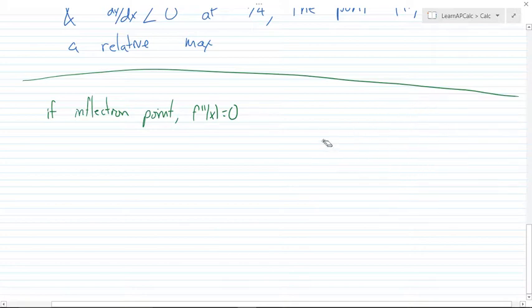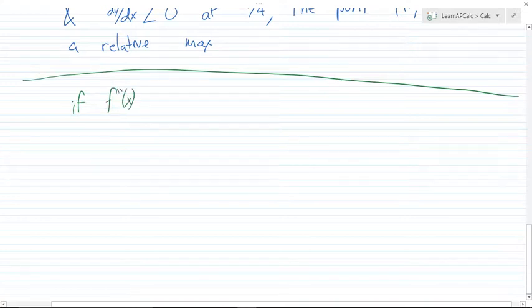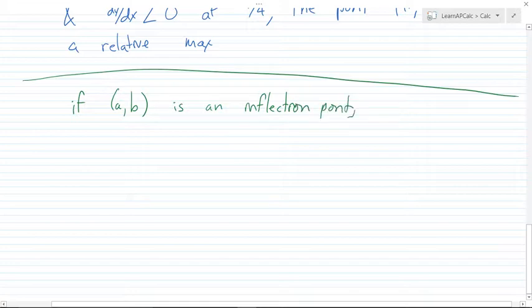But that begs an interesting question. We'll say if (a, b) is an inflection point, what does f prime of a equal, or what is our slope at an inflection point?